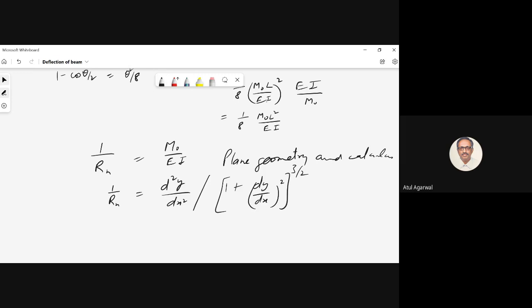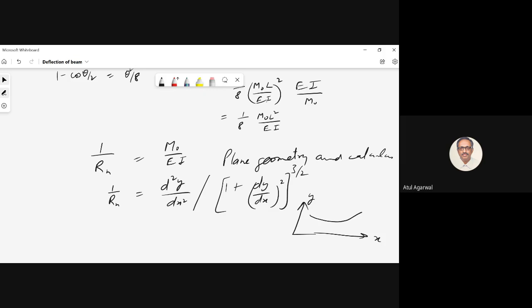If you have a plane curve, given by xy coordinates, you have an equation of the curve, y as a function of x. You find its second derivative, you find its slope, and you will find this expression.